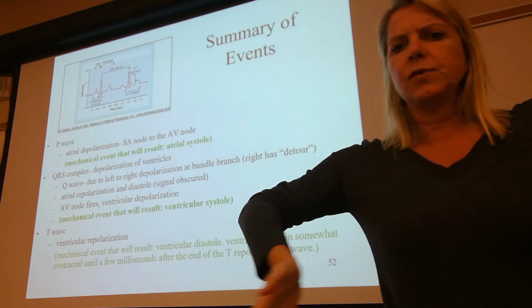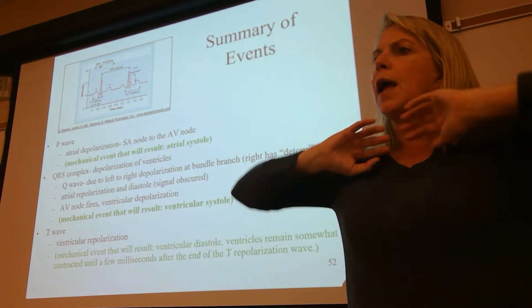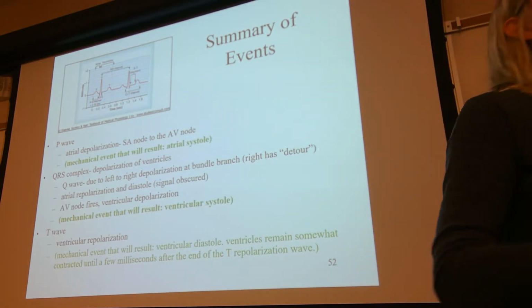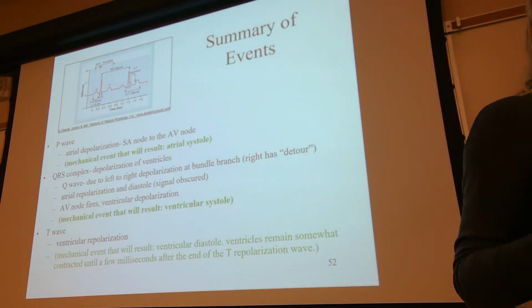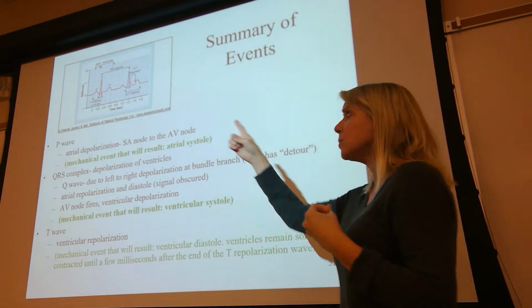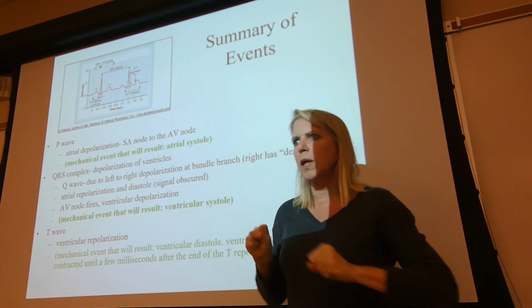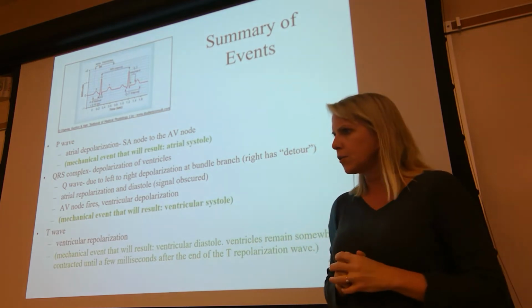The AV valves open like a trap door, and the ventricles fill 80% when the heart is at rest. When the atria contract as a result of the P wave, it's only that last 20% of blood that's squished into the ventricles.